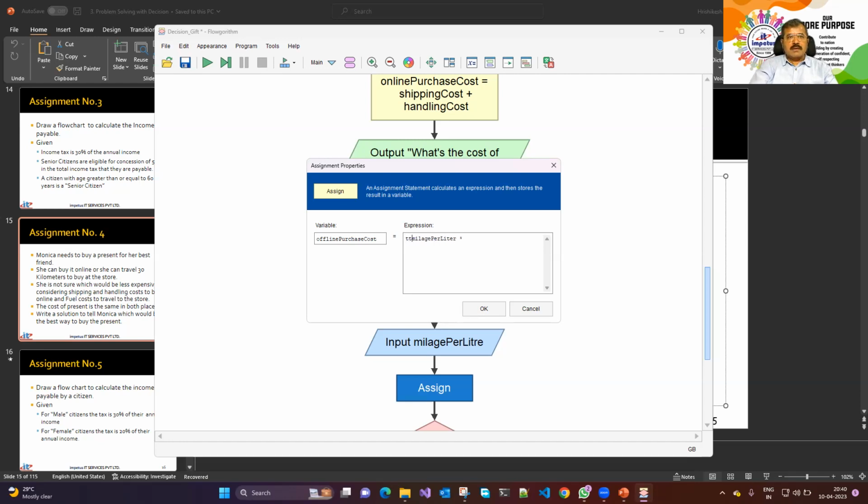So total distance divided by mileage per liter will give me the total fuel that is required, into fuel cost per liter.